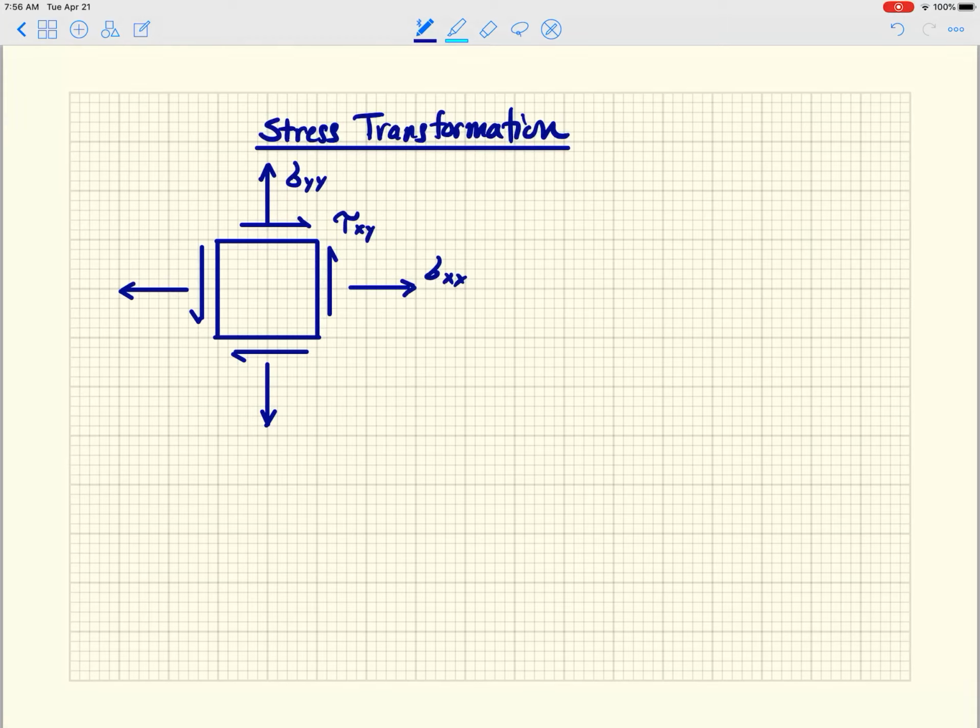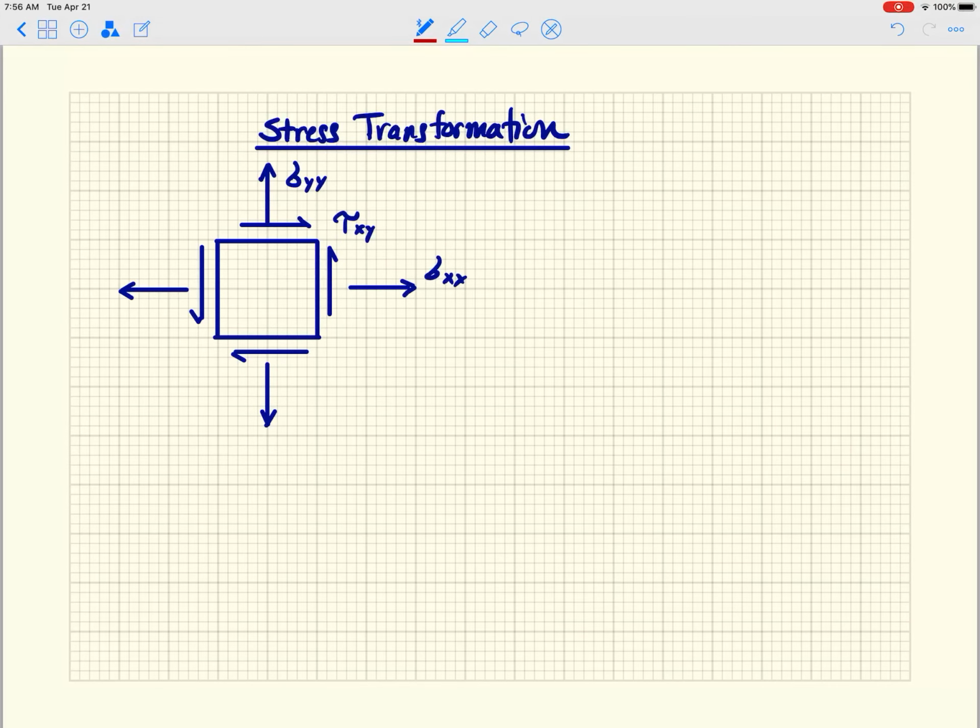So I'm going to stop short of labeling all of them. Just understand that if sigma xx is to the right, then sigma xx is also to the left, right? So there's really only 3 independent stresses that we have here.